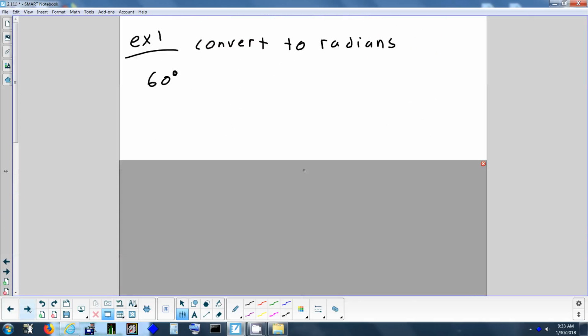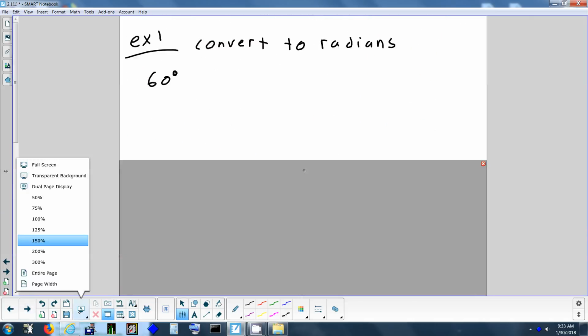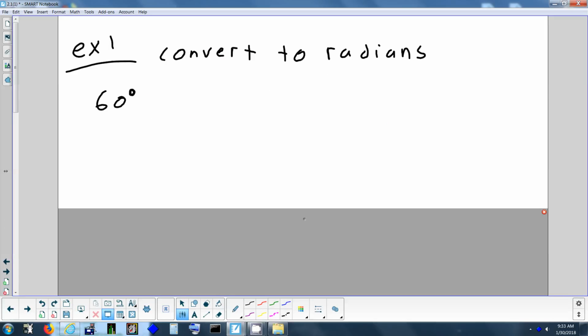Okay, so let's look at converting this from degrees to radians. All the problems that we do are going to be one of two ways. It's either pi over 180 or it's 180 over pi. Those are the two things we just wrote down. We've got to keep straight which one is which. Well, the goal here is to convert to radians. So when I'm done, I want this degree symbol to disappear.